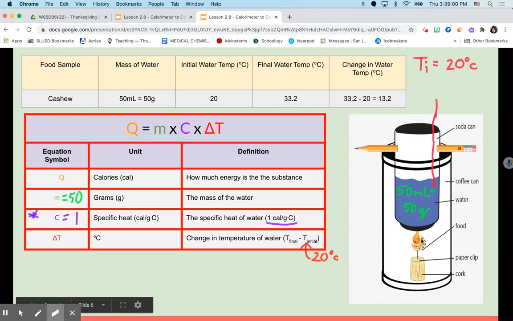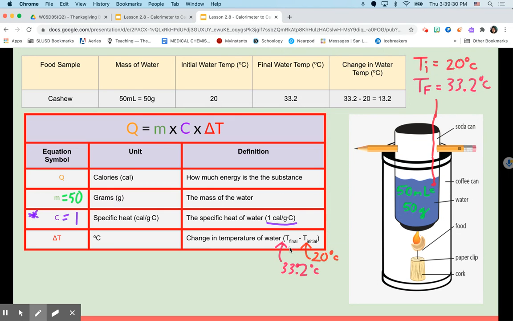Now the fire is lit, it's burning, burning, burning, and then we have a new temperature, right? So our final temperature, I will usually give this to you in a problem, and let's say it is 33.2 degrees Celsius, right?